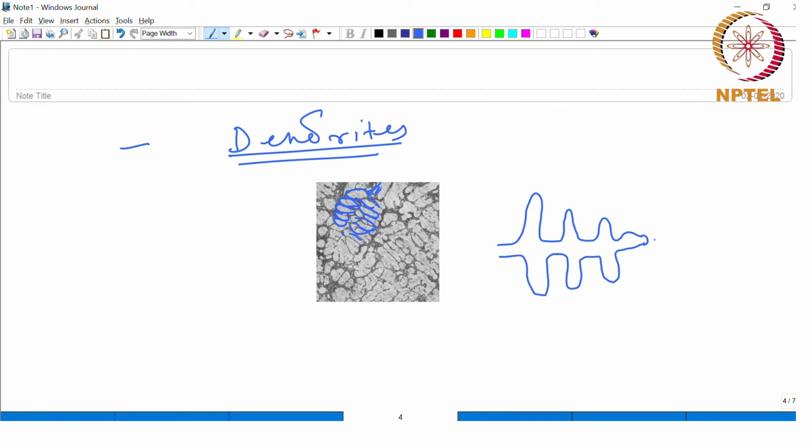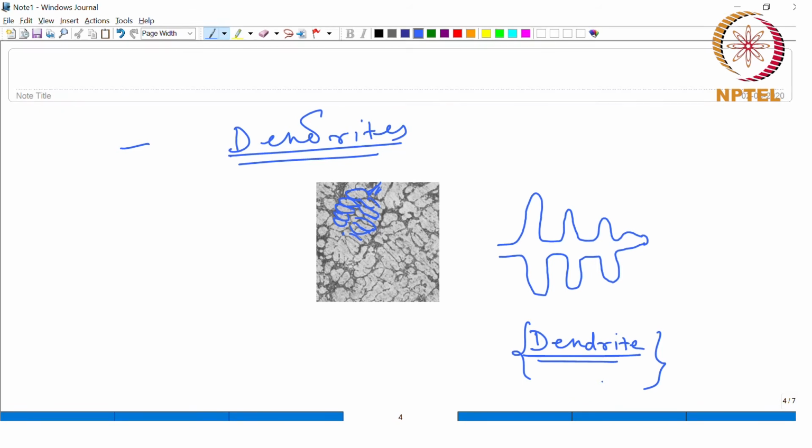This particular structure is known as a dendrite, and the origin of this term is from the Greek word dendrite, which means a tree, right. If you look at this, it looks more like a pine tree. That is how it is named dendrite, because of its similarity with a particular tree.